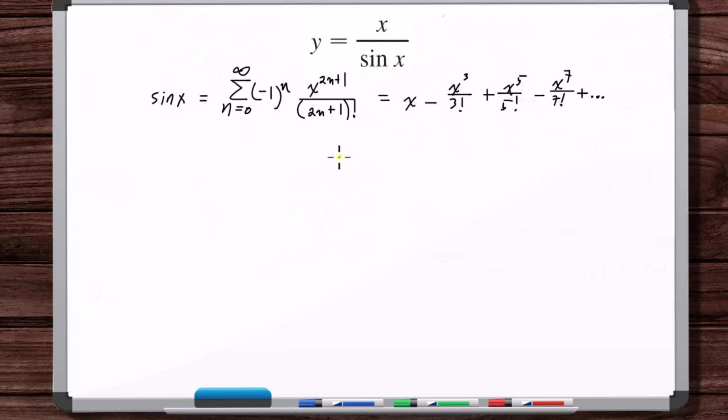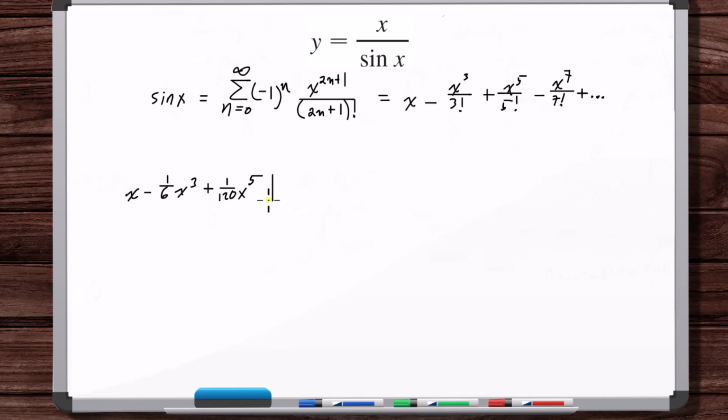So what you do is you use polynomial long division, okay? And so the divisor is x, and then we're going to write out, let's see, x minus 1/6 x cubed plus 1 over 120 x to the 5th. And that should be enough for the first 3 non-zero terms. We're just going to find the first 3 non-zero terms.